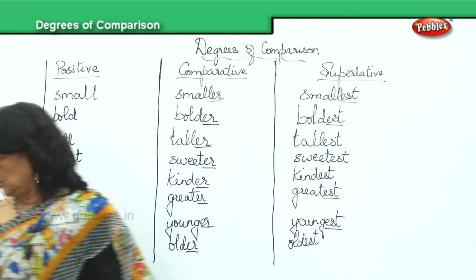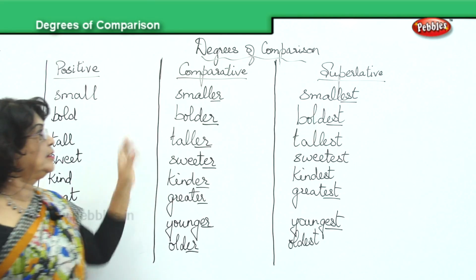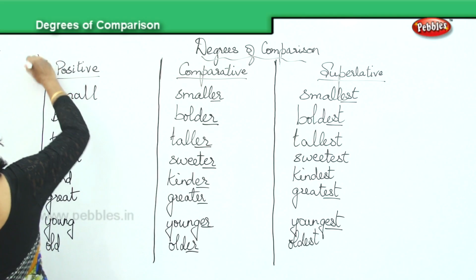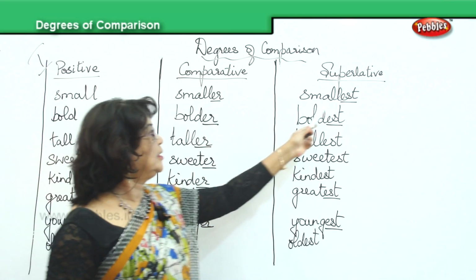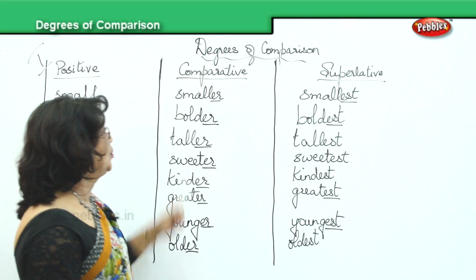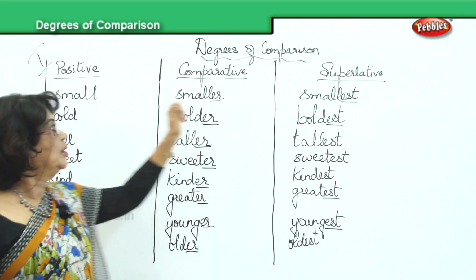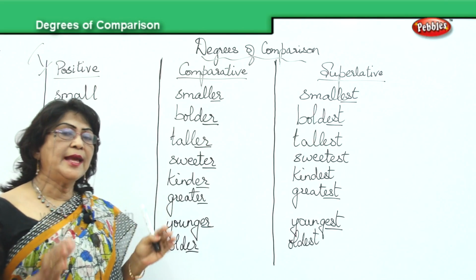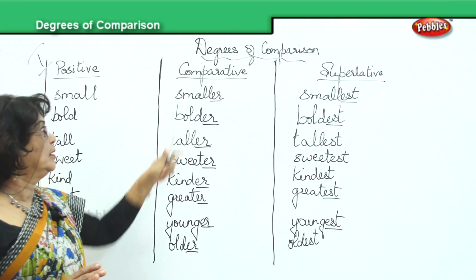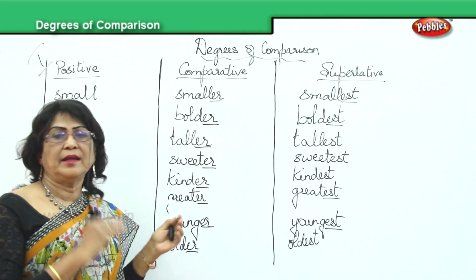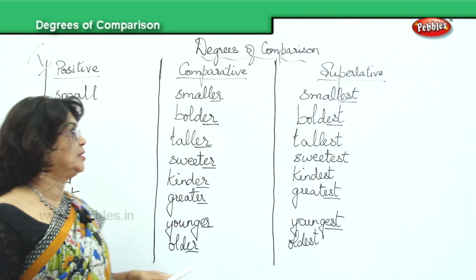Okay, now if you just see, we have just single syllabled words, and these single syllabled words will take ER for comparative and EST for superlative. Quickly we will have a run through positive, comparative and superlative. Positive degree is a quality of something in the normal state. Comparative is a little higher than the normal, and superlative is the highest form of the quality.